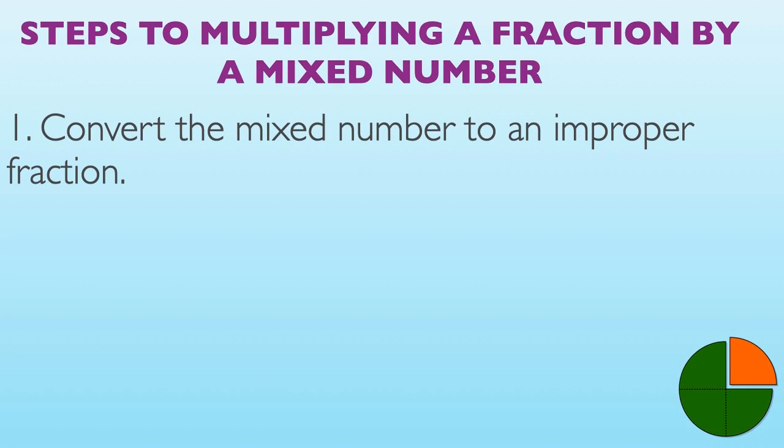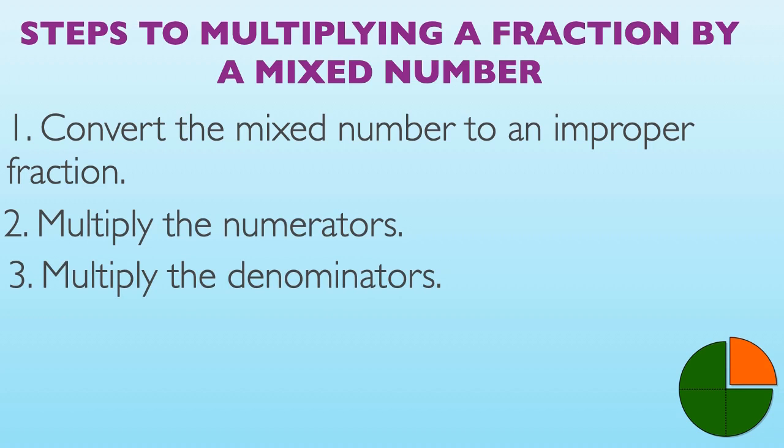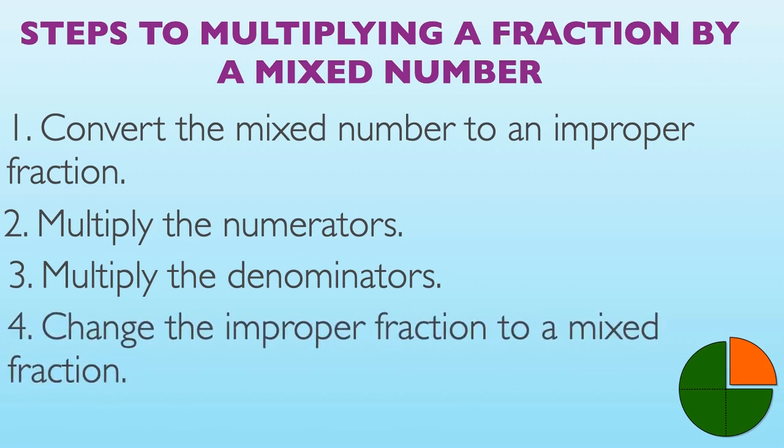Yes, we do. Multiply my denominator and my whole number and add on my numerator. That becomes the new numerator and my denominator stays the same. Awesome job, guys. Step 2, we multiply the numerators. 3, multiply those denominators. 4, change that improper fraction to a mixed fraction.